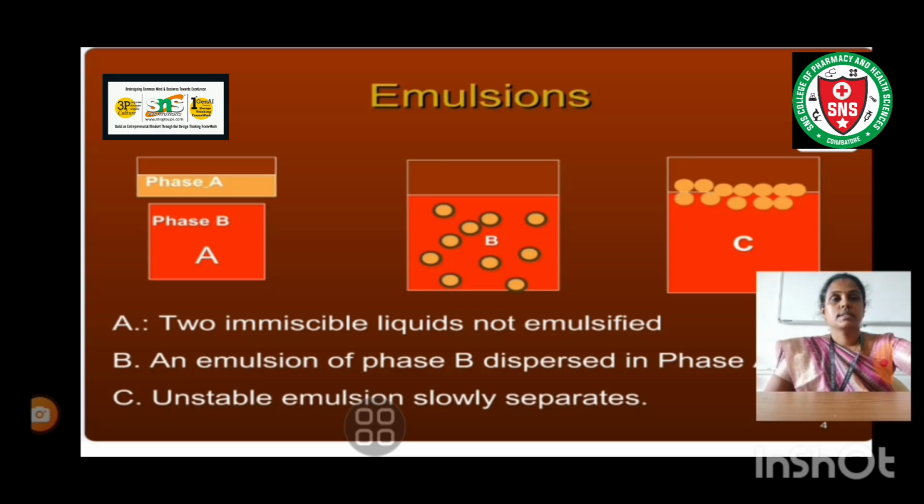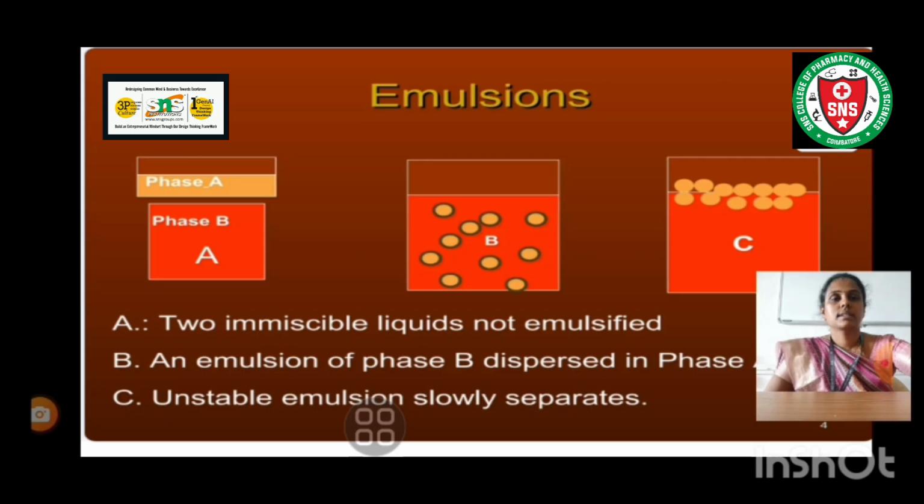This is a diagrammatic representation of an emulsion. It contains two immiscible liquids, phase A and phase B. As you see, phase A is the continuous phase and phase B is the dispersed phase. There are three situations shown: first, two immiscible liquids not emulsified.